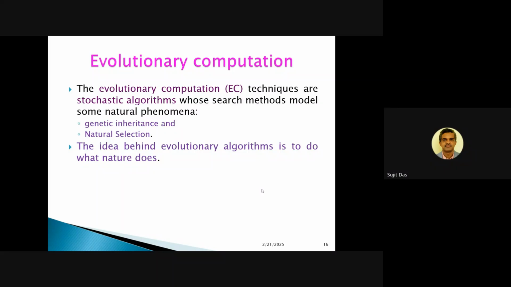Once natural selection is over, the number of solutions in your pool will always be fixed. You cannot change it. Let us assume initially the number of solutions was 6. So once you have implemented natural selection, what do you have with you? More good quality solutions, fewer poor quality solutions. So the average fitness value will automatically improve, since we have more good quality solutions.